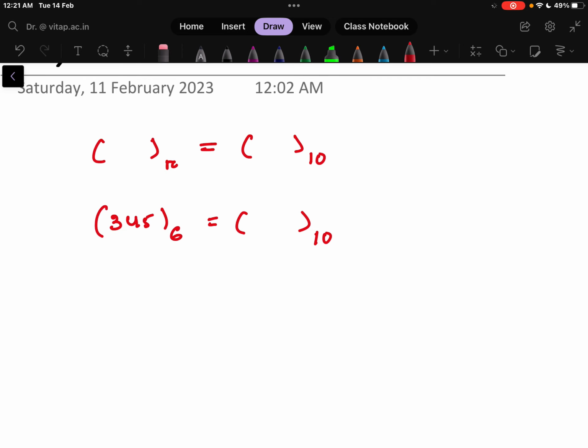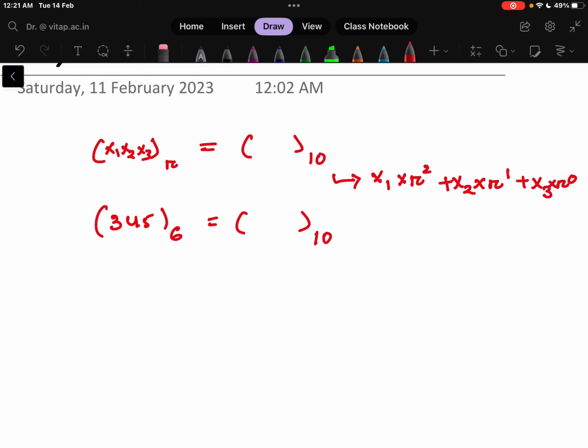The method is, let us say I write x1, x2, x3 like this. I have to multiply x1 into r power 2, plus x2 into r power 1, plus x3 into r power 0.